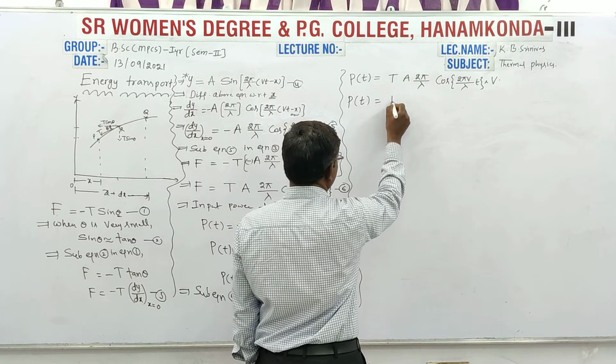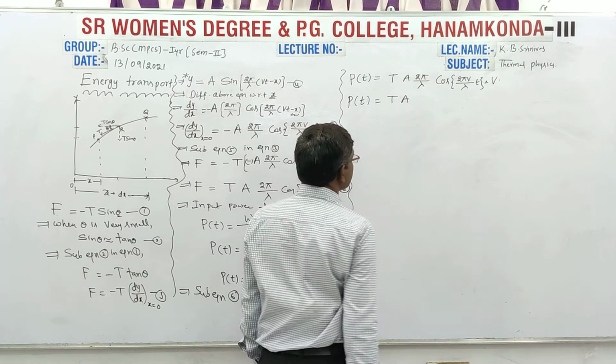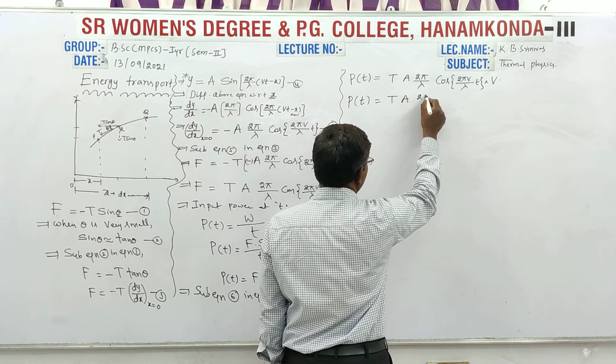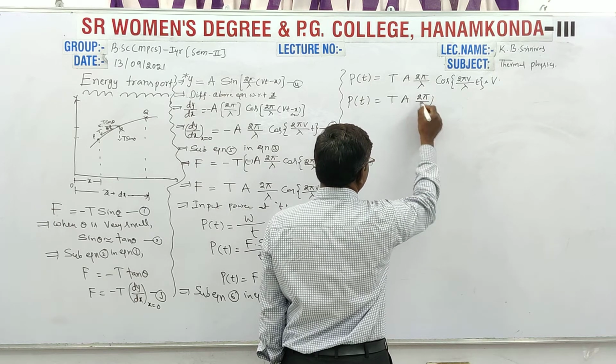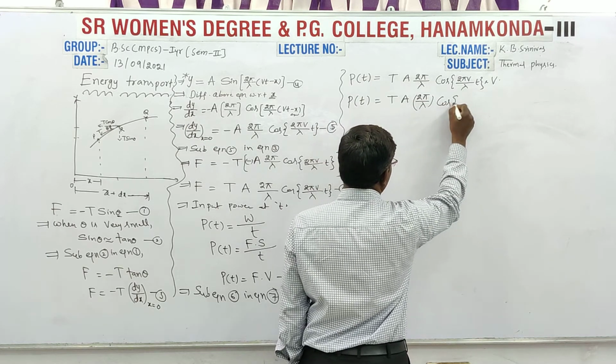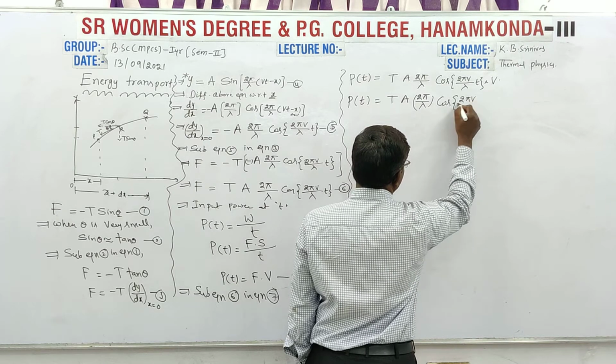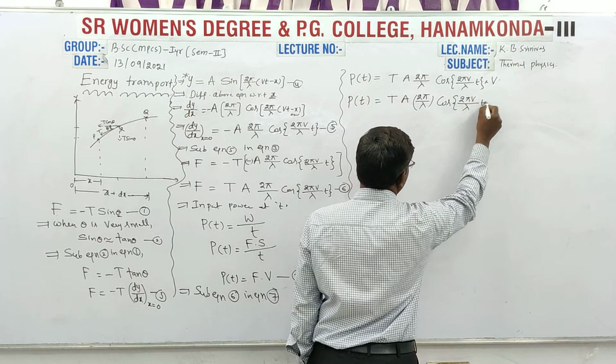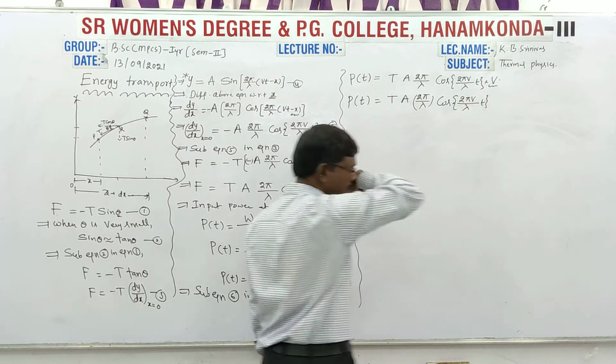Power is equal to T, tension of the wire, a, amplitude of the wave, 2 pi by lambda cos of 2 pi v by lambda into t, into velocity.